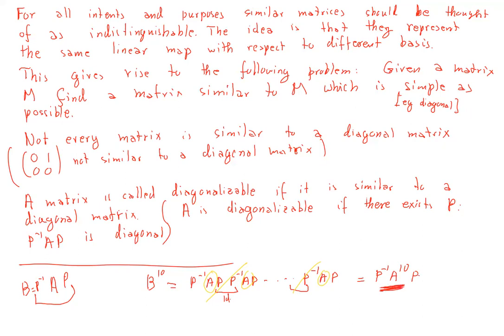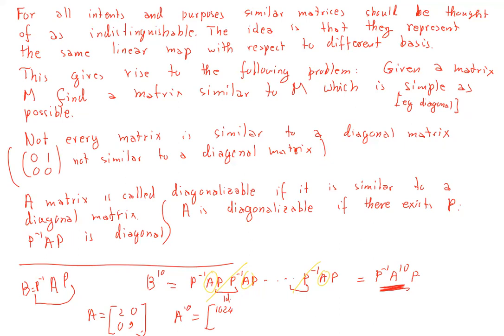And what is A to the 10th power? Well, if you look at what A is, you will realize that A is diagonal. Right? So A to the 10th is going to be simply, 2 to the 10th is 1024, right?